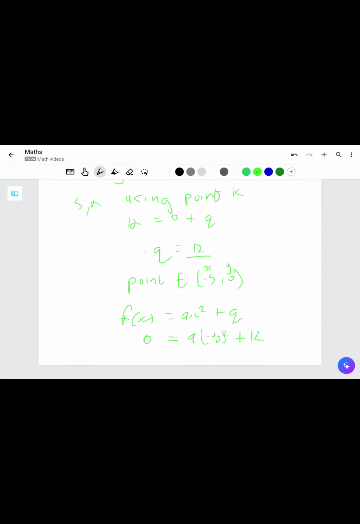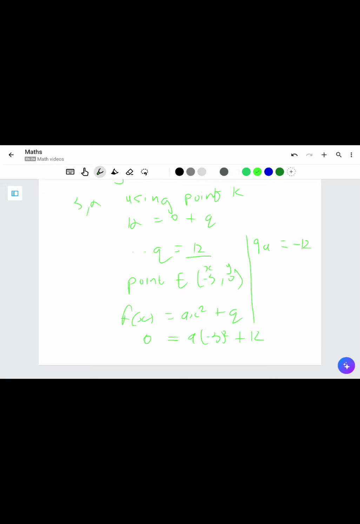Okay, so we're going to go ahead and find a now. I'm just going to throw a line here so we can do it here. We know we get a positive 9a, because negative 3 squared gives you 9, times a is 9a, and if we take the 12 over, it gives a negative 12.